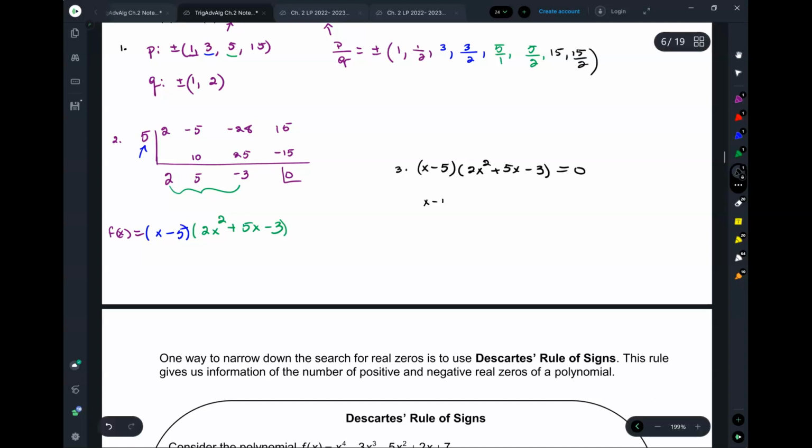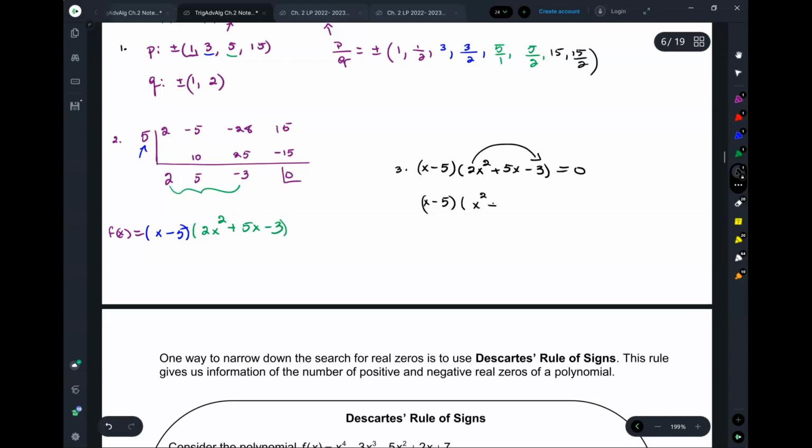Okay, this one's factored. Now we're going to factor this one. Okay, so let me show you an easy way to factor this. You see how there's a 2 in front? It's usually harder for people to factor. Take that 2 and multiply it by the 3. So now what do you get?